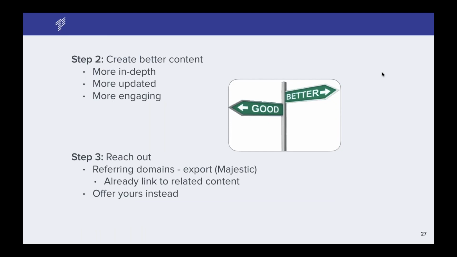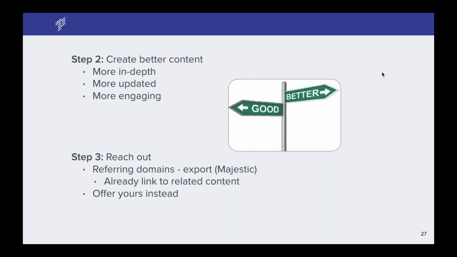So another step is to create something better, and it has to be better on all levels possible. It has to be more in depth, more up to date. It has to be engaging. It has to be better designed. It just has to be so captivating that when you later reach out to a person, they are like, oh wow, this is way more valuable to my readers, and they will actually benefit more from it than from the content that I am linking to right now.